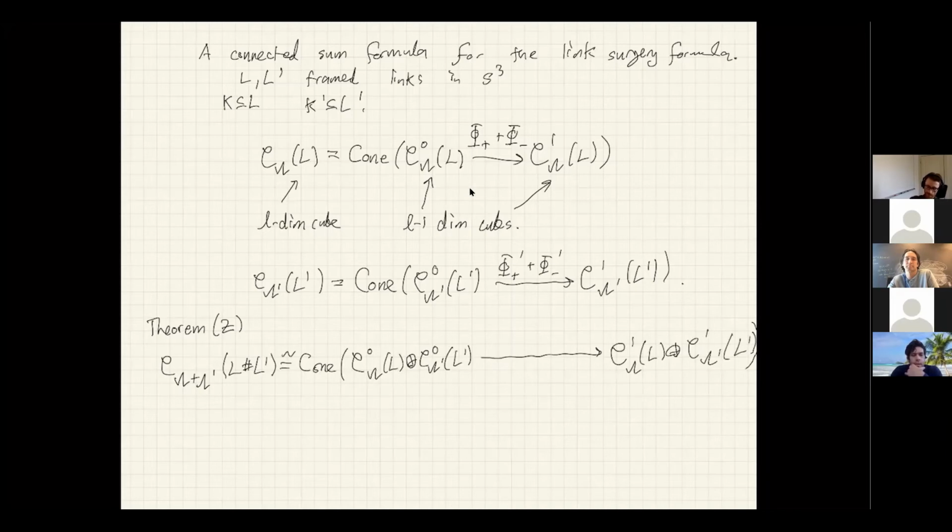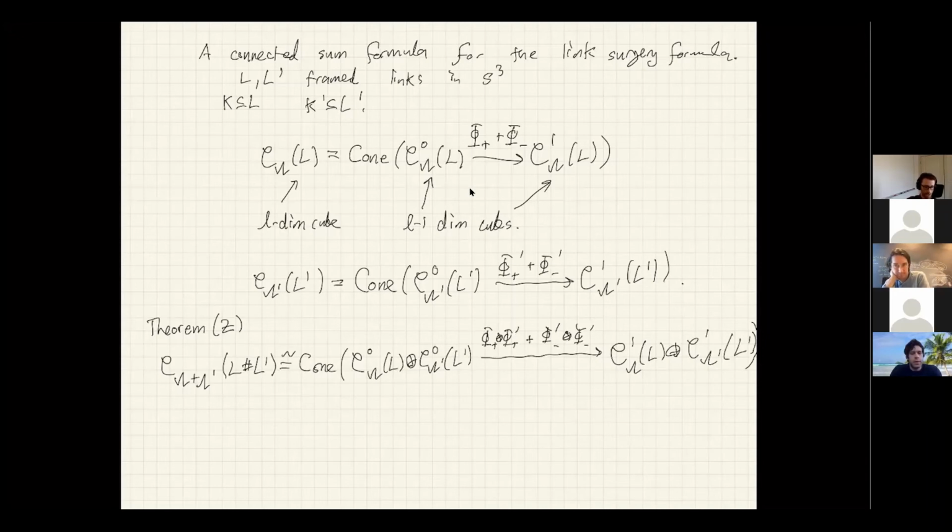And the maps are just the tensor products. I tensor the plus maps together, and I tensor the minus maps together. And if one stares at this, it is possible to interpret this as an A infinity tensor product over some algebra.